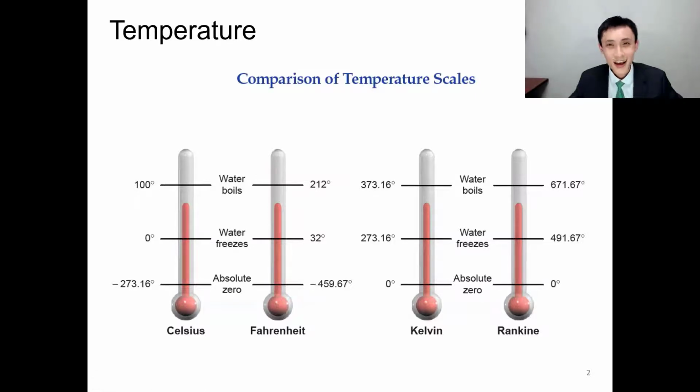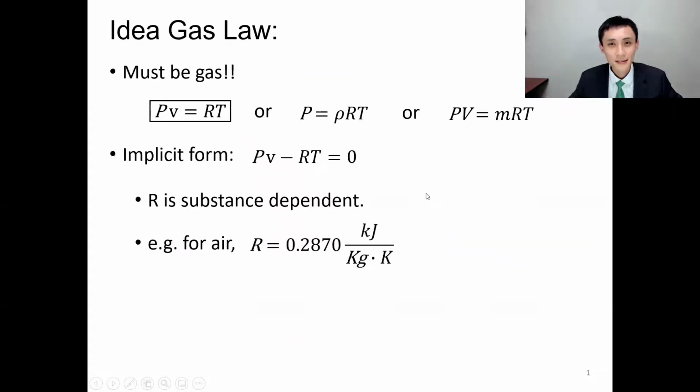Similarly, you cannot directly use Fahrenheit, you have to convert to Rankine temperature by adding 460. So this is for ideal gas law. Most likely, ideal gas law is a great assumption for a lot of gases, as long as the temperature and the pressure are not very high.